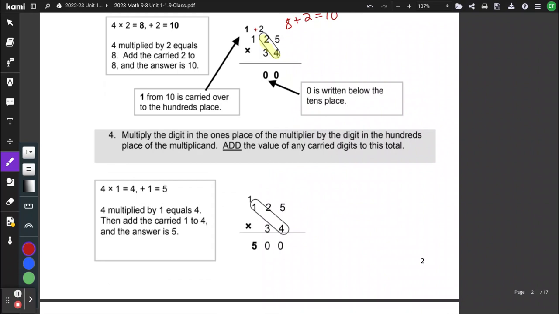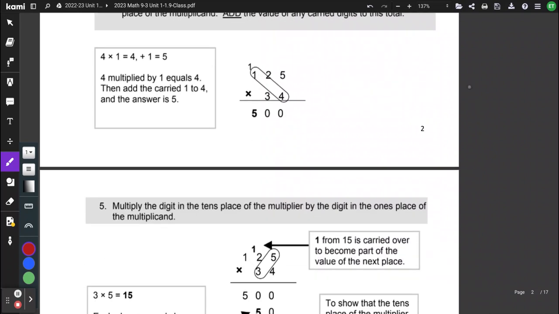Moving on, we're going to take a look at what they did with that number. So they got 10 and the 1 carried forward on the top. So on the next stage, they're going to multiply the 4 and the 1. Then they add that extra 1 they took there. So 4 times 1 is 4. They add the 1, and that's how they get the 500.